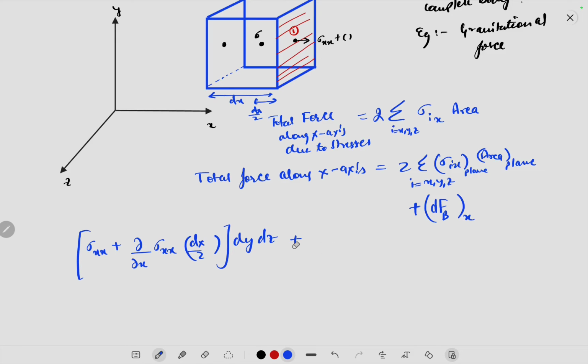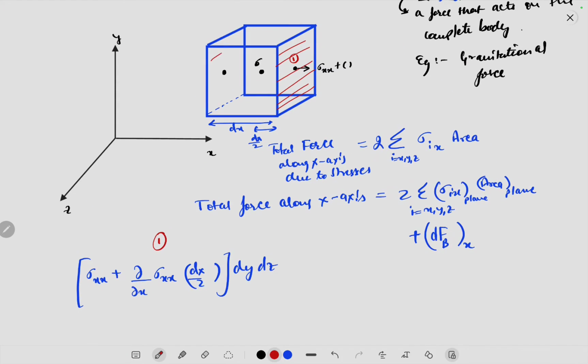Since this is only for the body, we'll write it at the end when we consider all the surfaces. Then after that we'll write this term. Okay, all right. So this is for the stress force for one along x-axis.